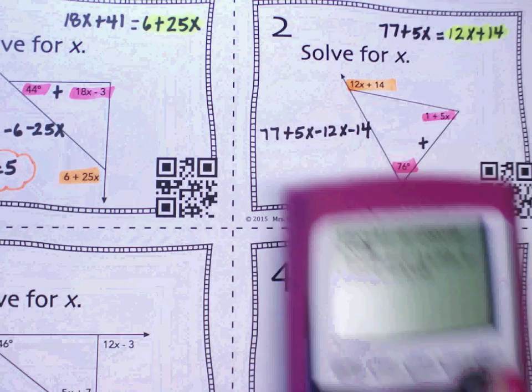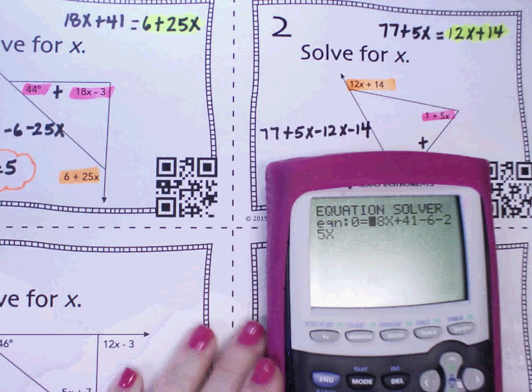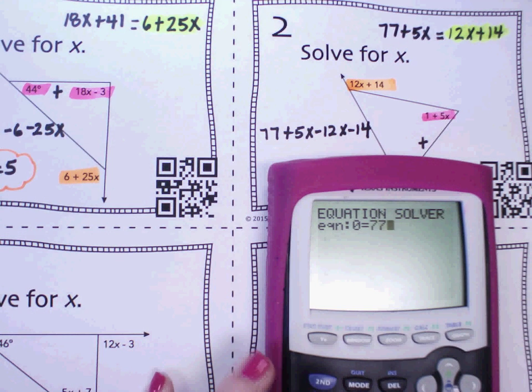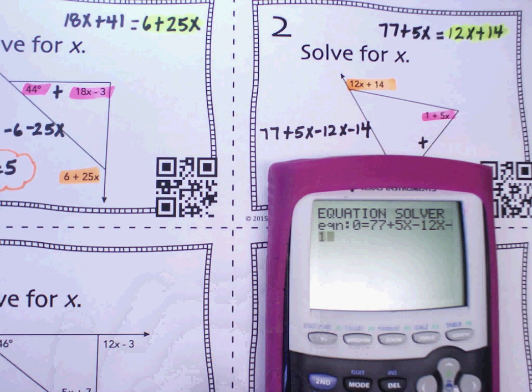So my equation is 77 plus 5x minus 12x minus 14, and then the calculator takes over.